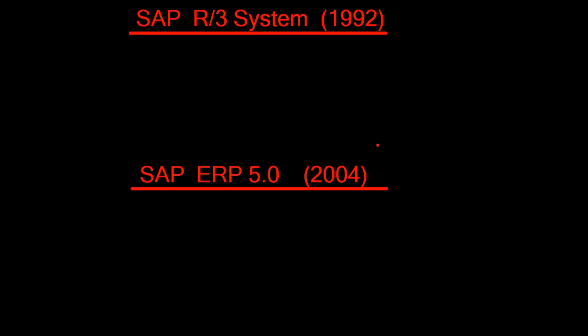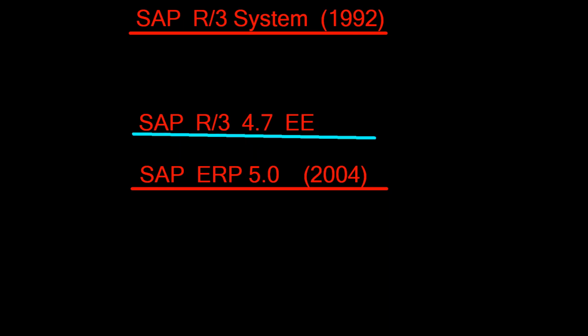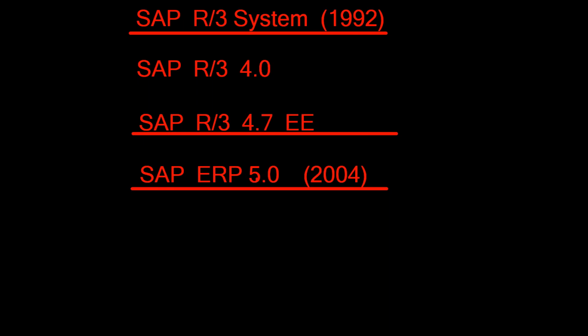So in between 1992 and 2004, ఇక్కడ మనకి ERP 5.0 కు ముందు మనకు వర్షన్స్ ఉంటాయి కదా. సో దట్ ఈస్ SAP R3 4.7, R3 4.7 Enterprise Edition EE. సో 5.0 డైరెక్ట్ గా రిలీజ్ అయింది. 4.7 నుంచి 5.0 రిలీజ్ చేశారు. అలానే SAP R3 4.0 before versions they are released. సో డైరెక్ట్ గా SAP ERP 5.0 కాదు, దానికి ముందు SAP R3 లో 4.7 వరకు ఉంది.